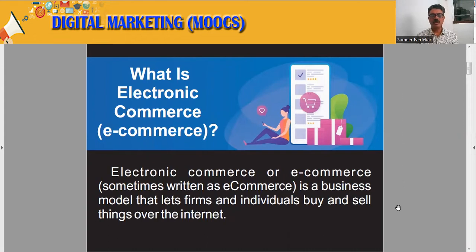Electronic commerce, or e-commerce, is a business model that lets firms and individuals buy and sell things over the internet. So when we use the internet for buying and selling, that can be termed as electronic commerce or e-commerce.